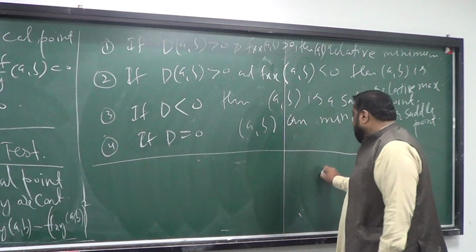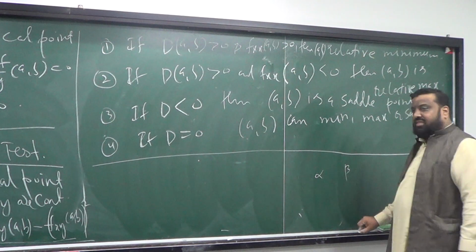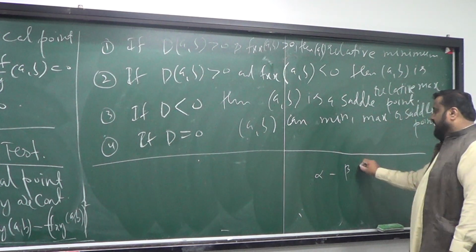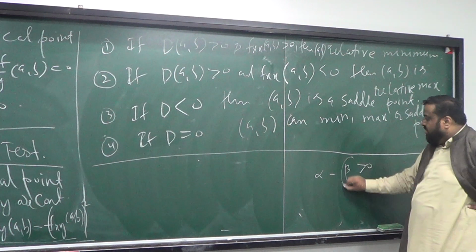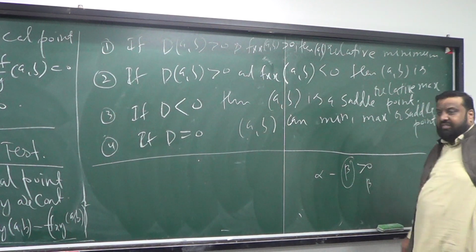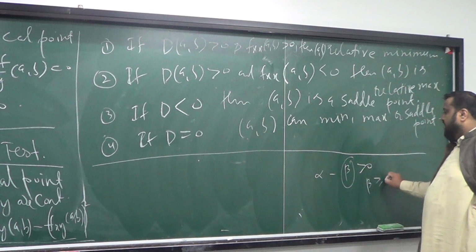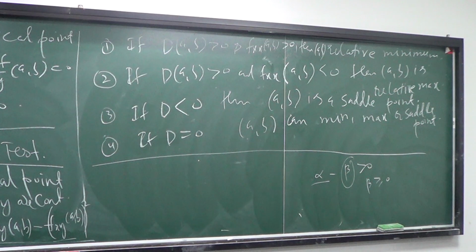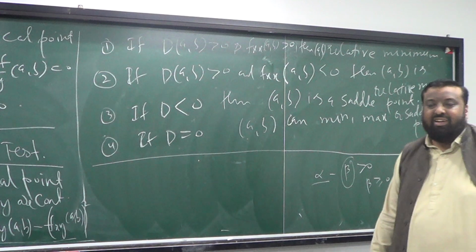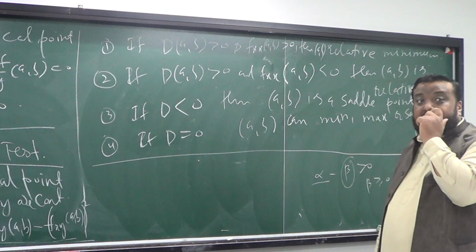In the difference, this second quantity is non-negative. So imagine a situation: I have alpha and beta, and I have a difference, and this difference is positive. And I know about the beta that it can't be negative, so it is greater than or equal to 0. So what conclusion can you have about alpha? Alpha is greater than beta, but can alpha be negative?